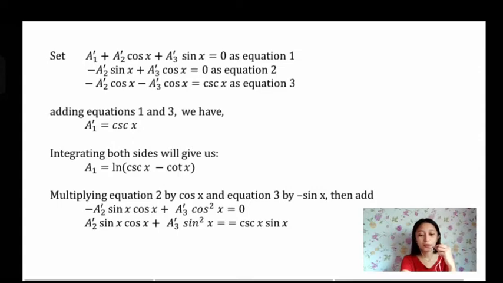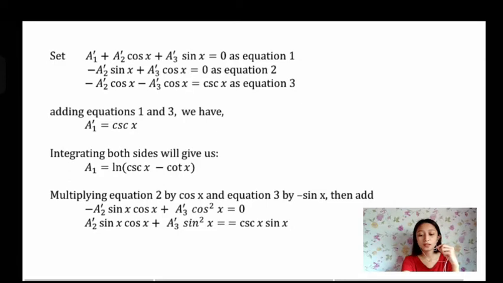Then add yung dalawang nakuha na sagot, which is equation 2 times cosine x, magiging equation 4 natin, and equation 3 times negative sine x, equation 5. Add natin yung equation 4 and equation 5. Ang magiging sagot is a sub 3 prime times cosine squared x plus sine squared x equals negative 1.